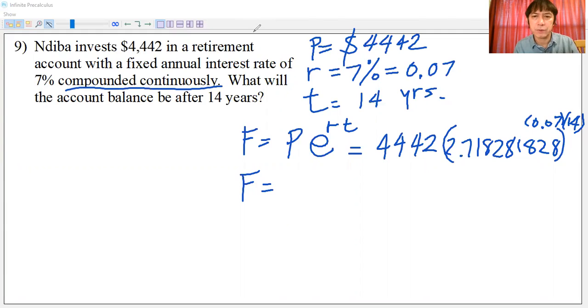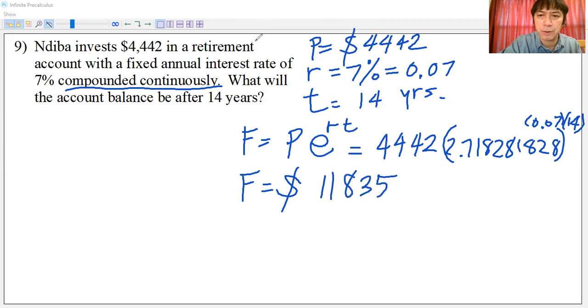And you have something like 11,835.51463 in dollars. We can round this.